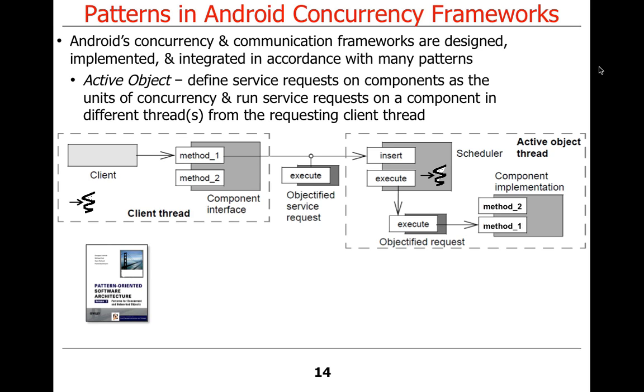With active object, thread that calls is not the same as the thread that runs. And in fact, you typically have one or more threads running inside the active object, and when clients invoke method calls, they get queued up in a list of pending methods to run, and then they're pulled off one at a time and executed by the active object scheduler.